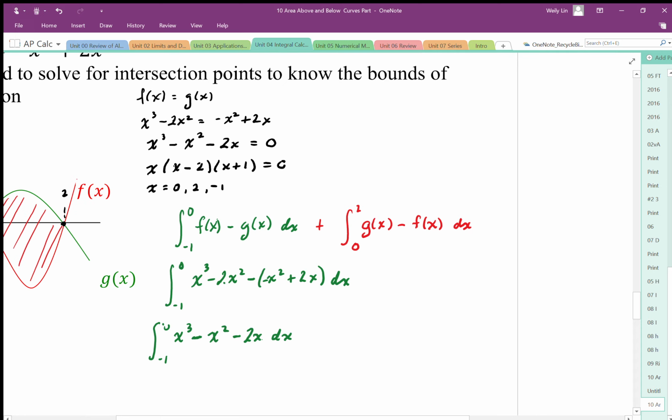And I'm going to do the red area. It's going to be the opposite. So it's going to be the integral from 0 to 2. It's going to be negative x squared plus 2x minus x cubed minus x squared, and times that by dx.